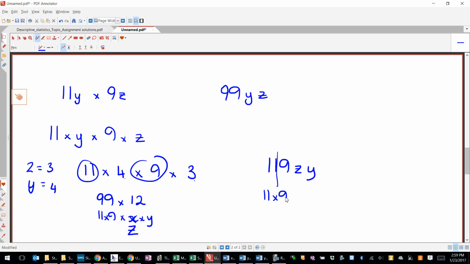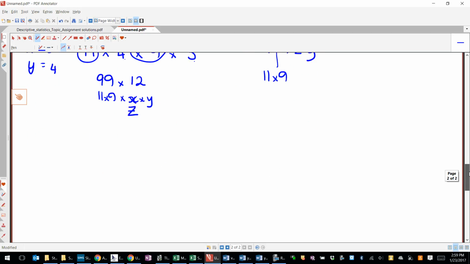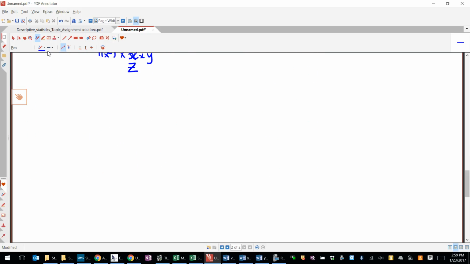Now I'm going to challenge you to have a think about one of the harder ones, such as st plus s squared t minus 2st squared plus s cubed t squared plus st squared minus 2st.